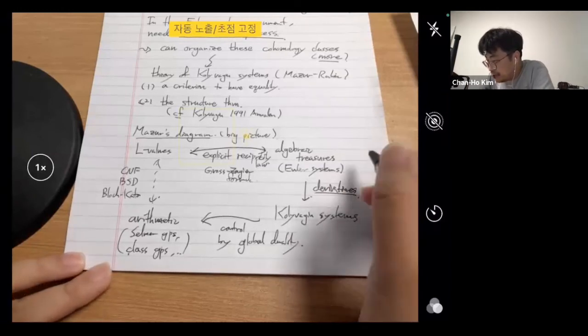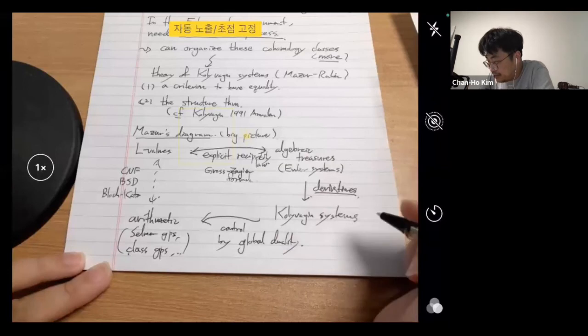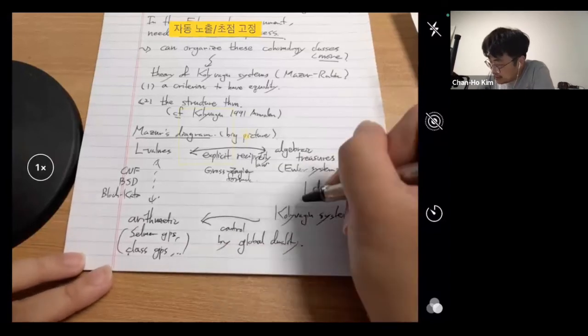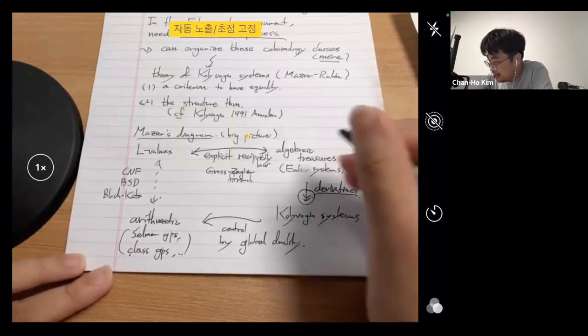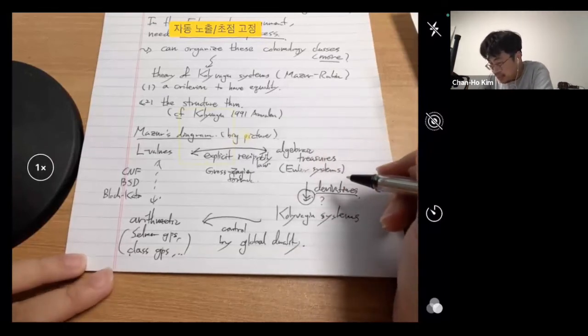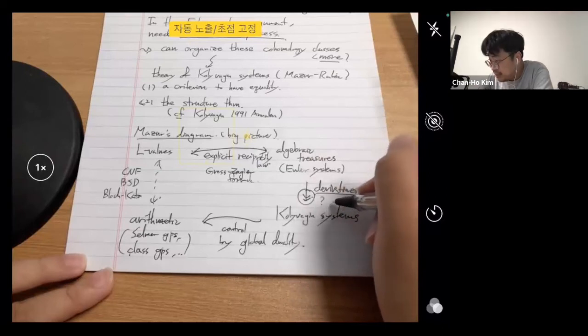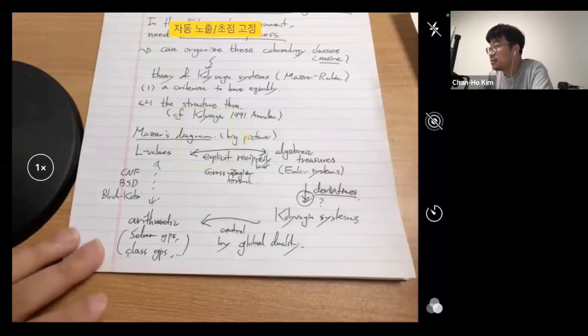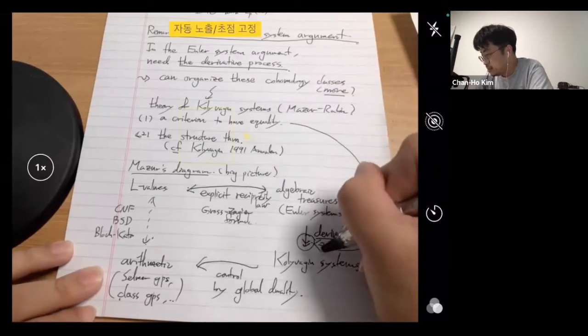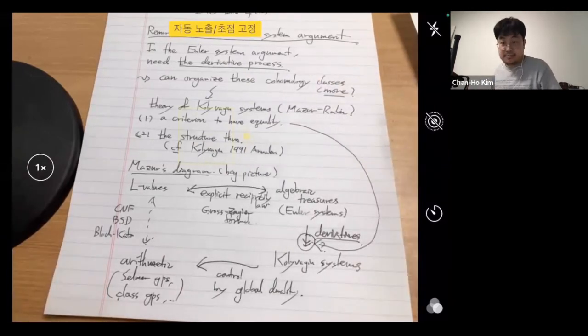From the Euler system, we get the Kolyvagin systems, but we do not know whether this map is surjective or not. So this is the question. And this surjectivity is exactly the criterion to have equality. This is the one connection.